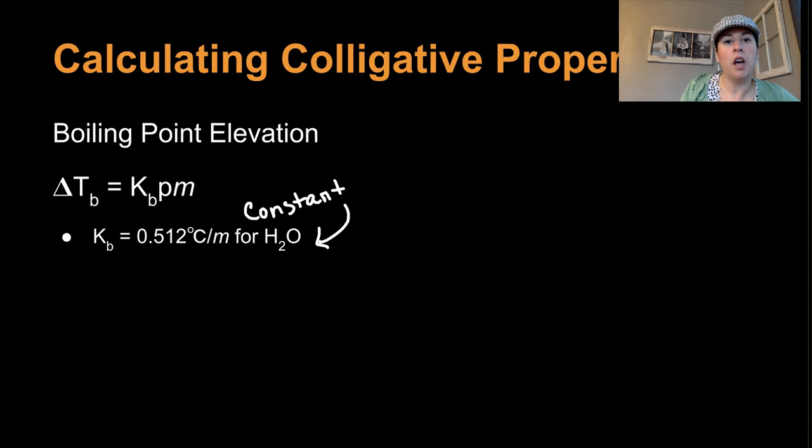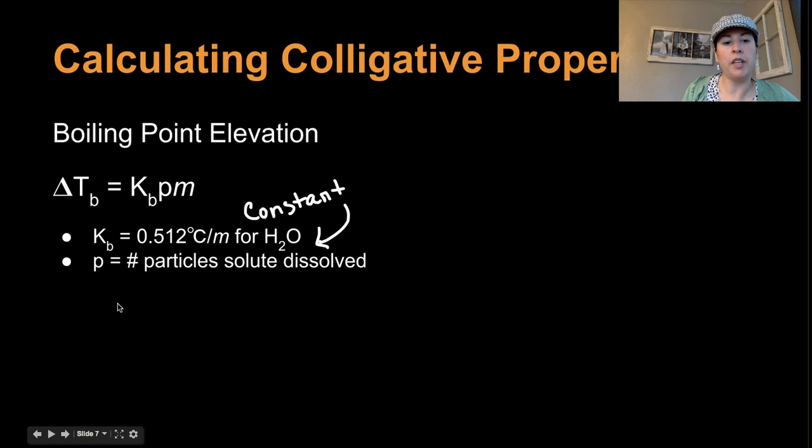Okay. And then we're going to see that we have P, and I use this, the book does not. This is the number of particles of solute that dissolve. So remember, if we're dealing with ionic solutions, then we're going to need to have more particles because they're going to dissociate. If we have something like sucrose or glucose, they don't dissociate, and so it would just be one particle.